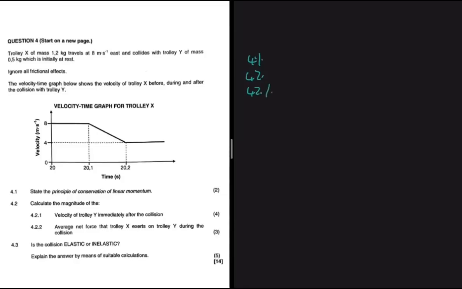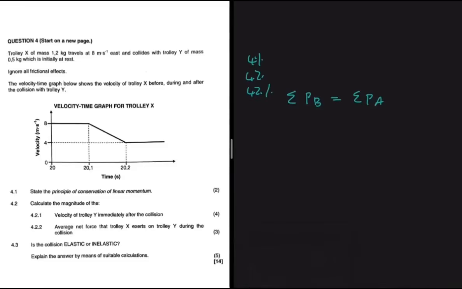4.2.1. So for 4.2.1, we're looking for the velocity of trolley Y immediately after the collision. So how can we possibly determine the velocity of trolley Y immediately after the collision? We are going to use the principle of conservation of linear momentum, because we know fully well that the sum of the momentum before a collision should be equal to the sum of the momentum after a collision, right?